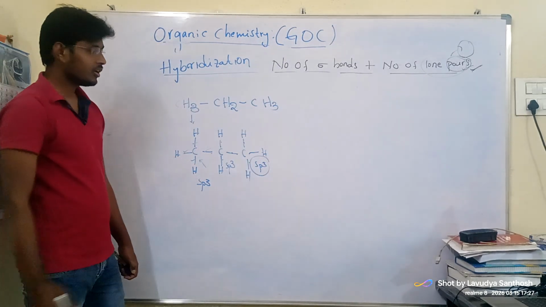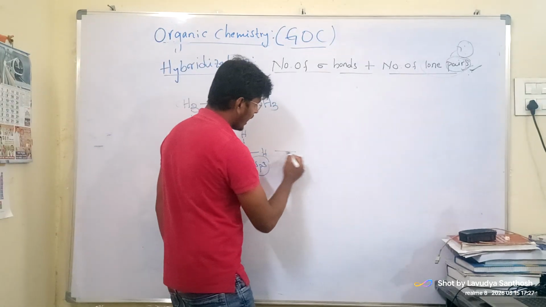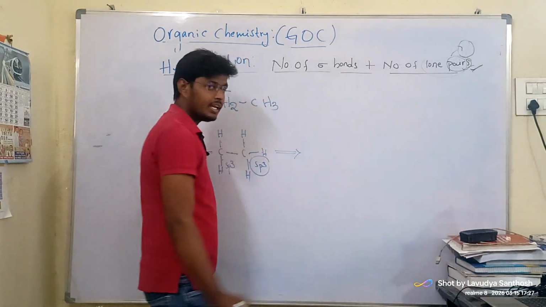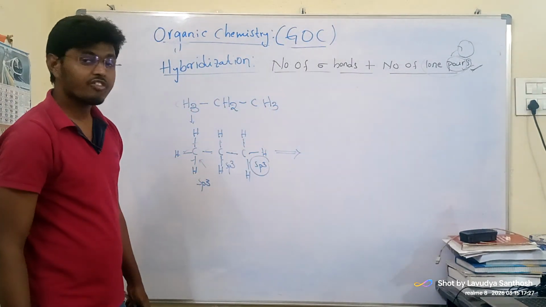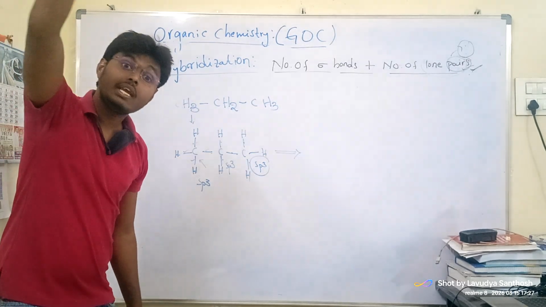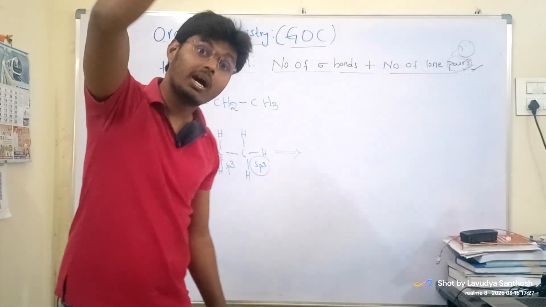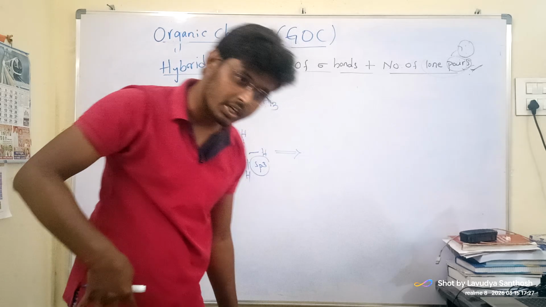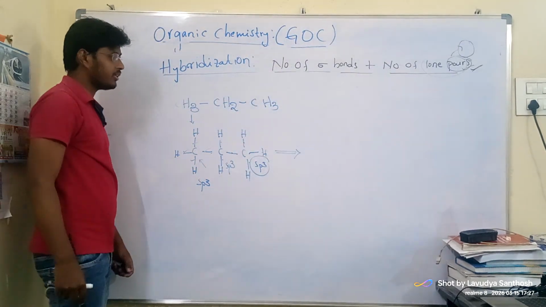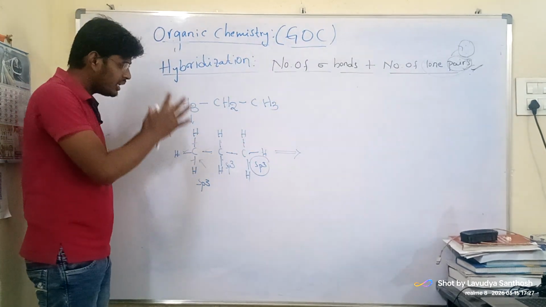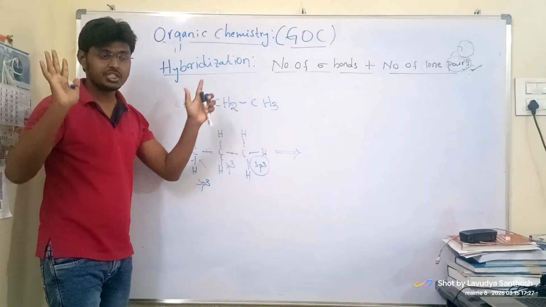Now you remember, in any alkane, a chain of carbon without any electronegative atom other than carbon and hydrogen, it has only sp3 hybridization.